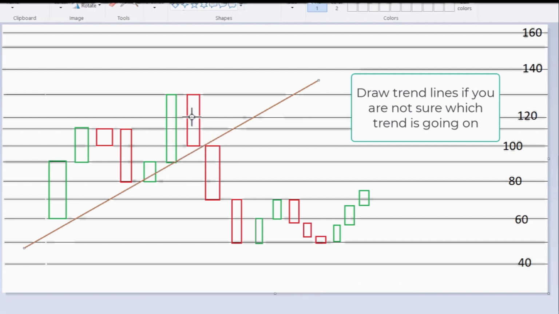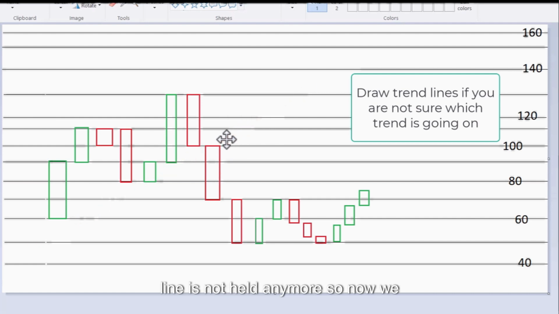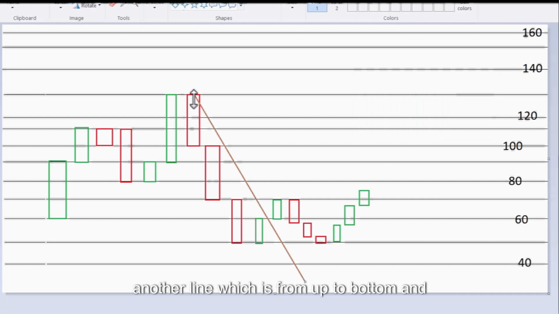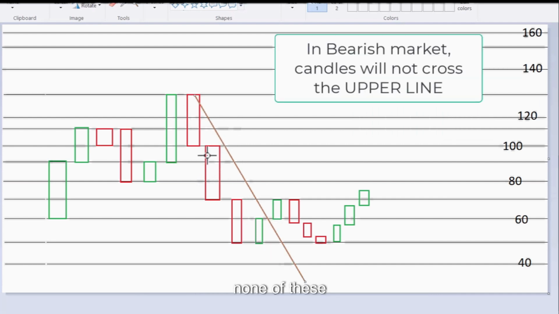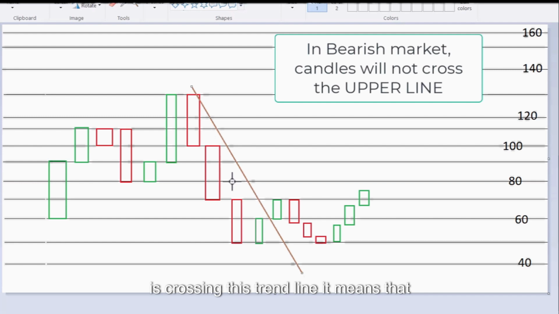But suddenly, a candle totally crosses this line and it starts to create candles below this trend line, which means this line is not valid anymore. So now we will draw another line from top to bottom, and as none of these candles is crossing this trend line, it means that the bearish trend is still ongoing.